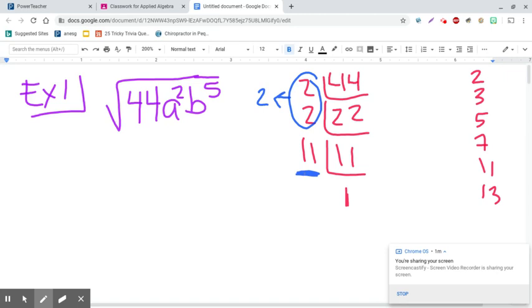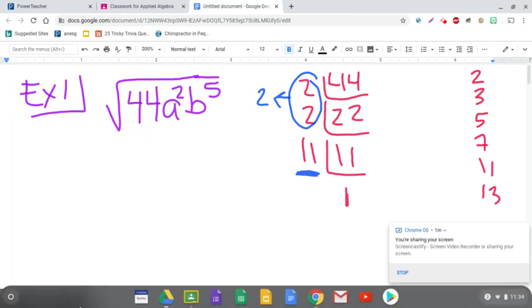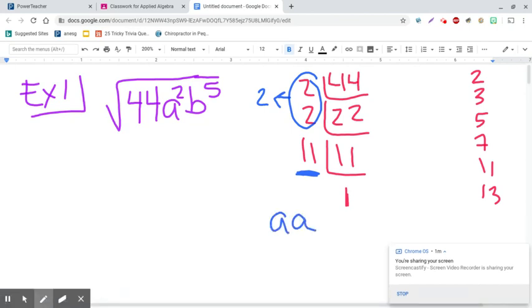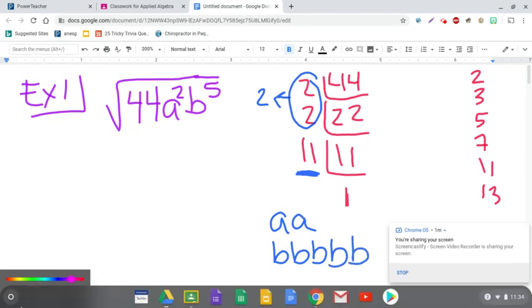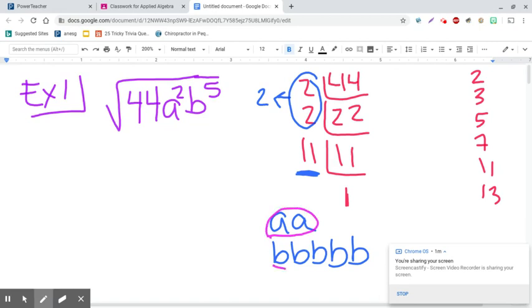Now we're going to do our variables. I have 2 A's and I have 5 B's. I am going to circle pairs. Those 2 A's go together, those 2 B's go together, these 2 B's go together, but this stays.